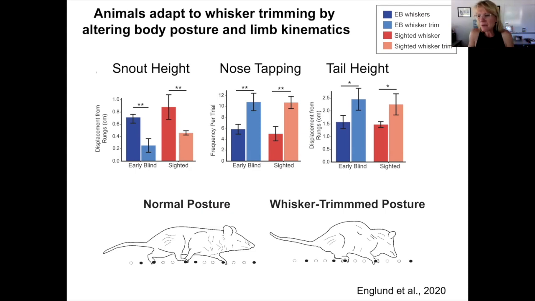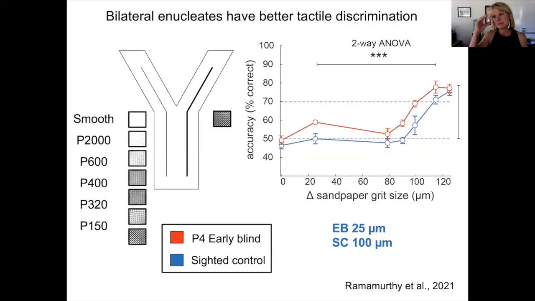It's sort of like walking across the room and then all of a sudden somebody turns the lights off and you start doing this much more conservative locomotion. And then this is a tactile discrimination task. The animals were trained to discriminate between a smooth surface and some grit of sandpaper. In this case, this axis is the difference in sandpaper, and this is accuracy, or percent correct.